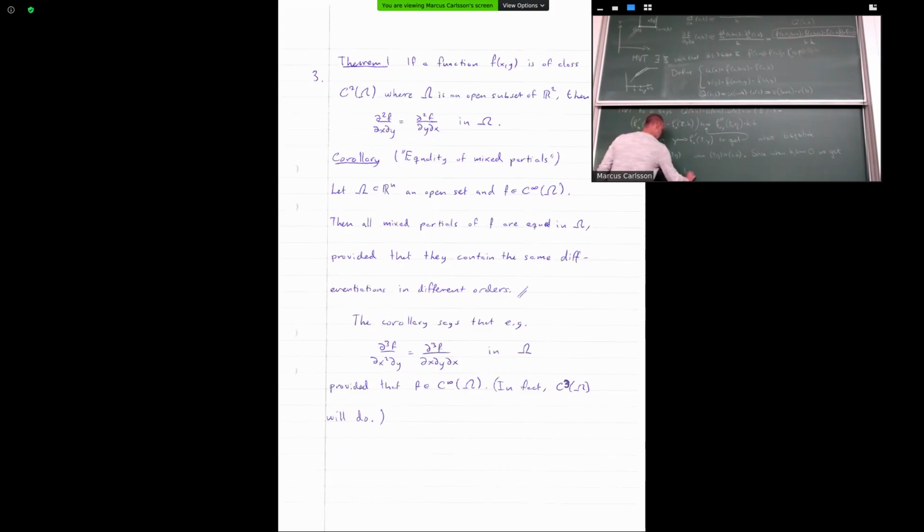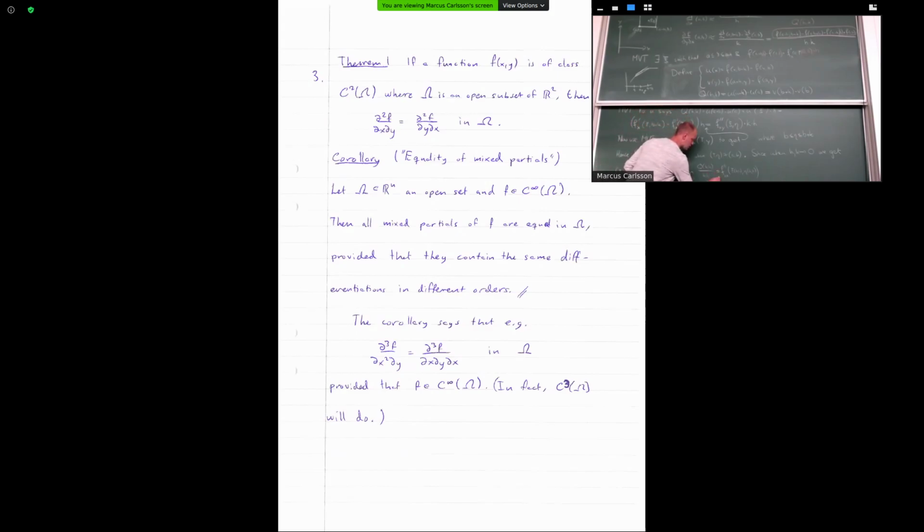So limit h goes to 0, k goes to 0 of qhk divided by hk. That's the same as the second partial derivative psi. And now I write this out explicitly. So psi and eta depend on h and k, right? But, oh, no, I forgot.